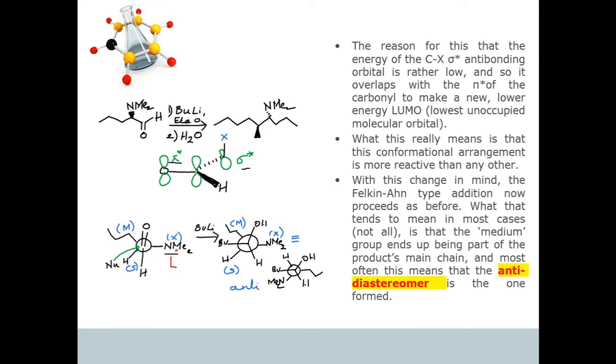Now when the carbonyl carbon contains an electronegative group, this place is going to be occupied by the electronegative group. So with this change in mind, the Felkin-Anh type addition now proceeds as before. That tends to mean that in most cases the medium group ends up being part of the product's main chain, and most often this means that the anti diastereomer is the one that is formed.